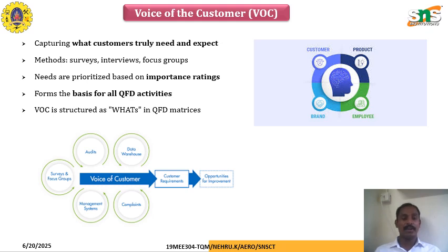Also, it needs to be prioritized based on the importance ratings given by the customers. Forms are the basis on which all quality function deployment activities can be done and all the inputs gathered. This voice of the customer is structured starting from what is needed and what can be changed, from the whats in the quality function deployment matrix.